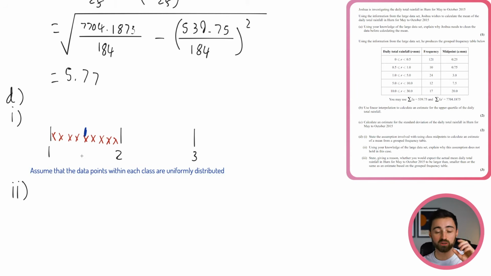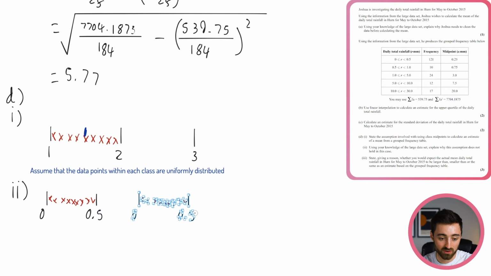But essentially, there's a load of points that are actually just 0, right? Just really dry places. So the majority of this 0 to 0.5 class are actually just 0. The assumption in calculating the mean was that they're uniformly distributed, but in actual fact it looks a lot more like this.